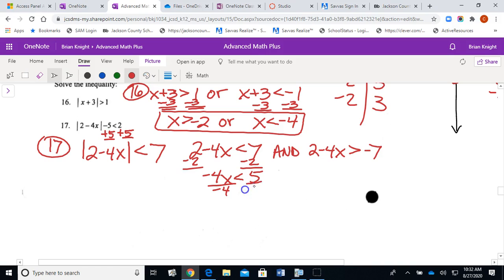And you divide by negative 4. X is greater than negative 5/4. Notice I had to flip my inequality again. Why did I flip my inequality again? I divided both sides by a negative. Okay?